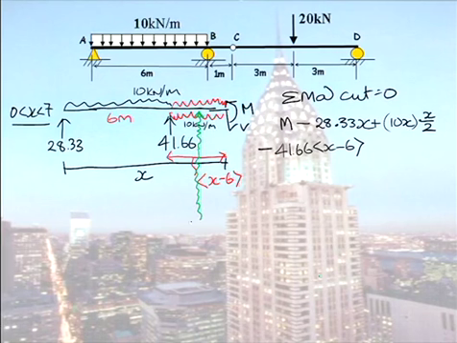The value of that equivalent load is 10 kilonewtons per metre acting over the distance of x minus 6. And how far is that equivalent point load from the cut? Well, that distance in here is x minus 6 on 2.